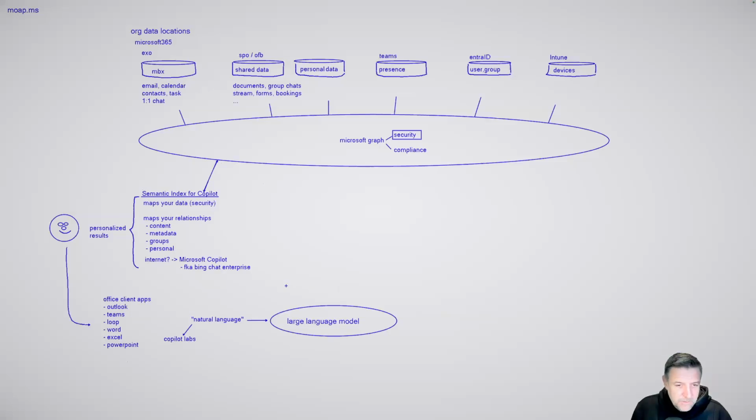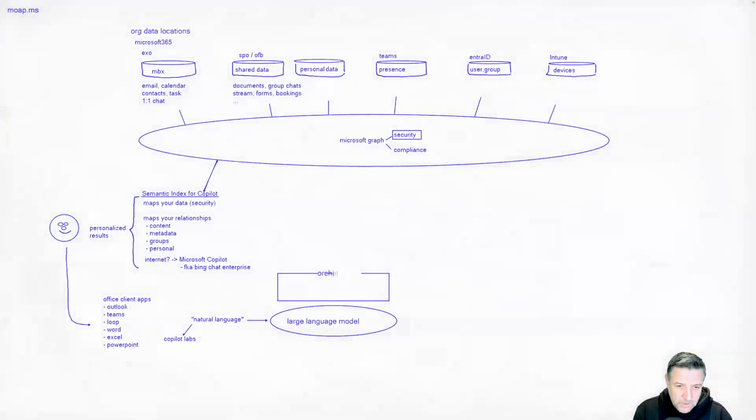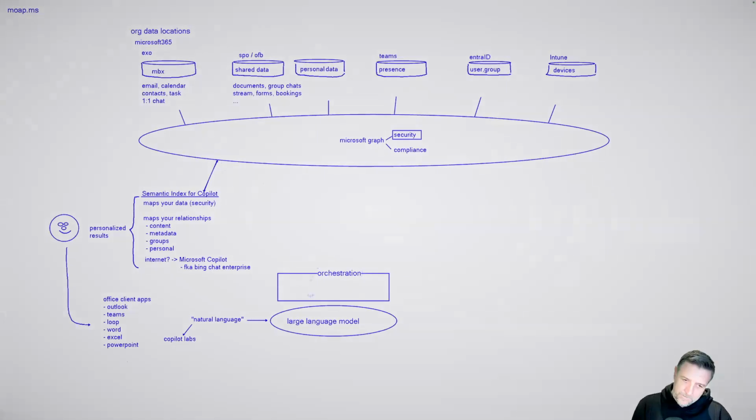Then if we move forward into the architecture here, the next part in the Copilot stack is the orchestration part. Here I'm going to create some space. Orchestration part. And in here we see different components. For example, one of those components is prompt and response filtering.